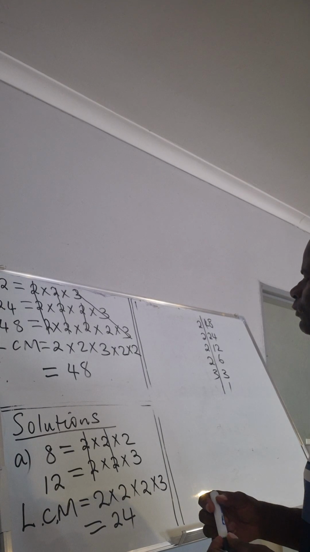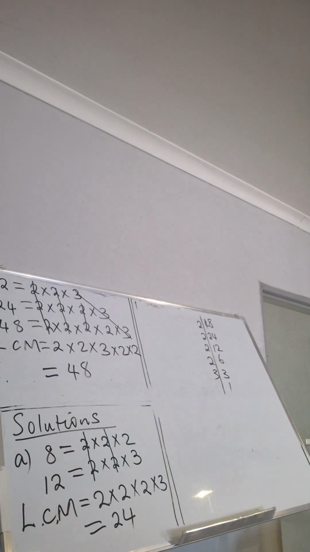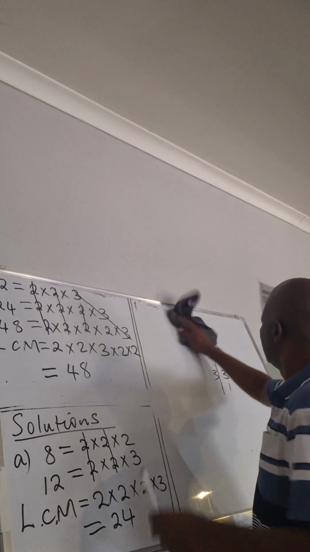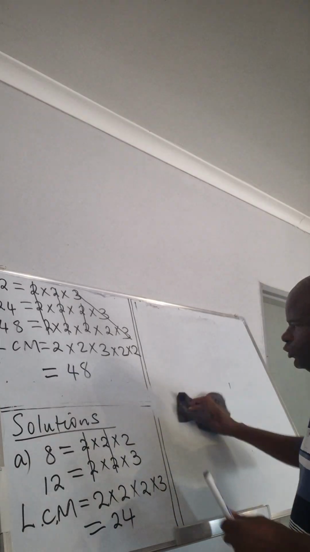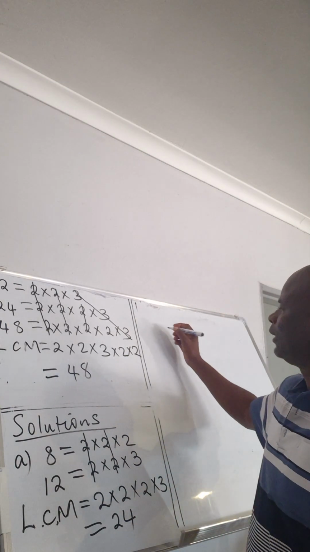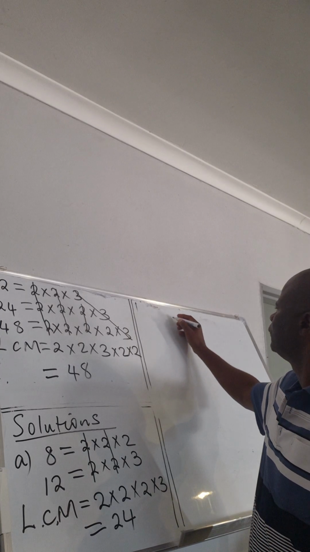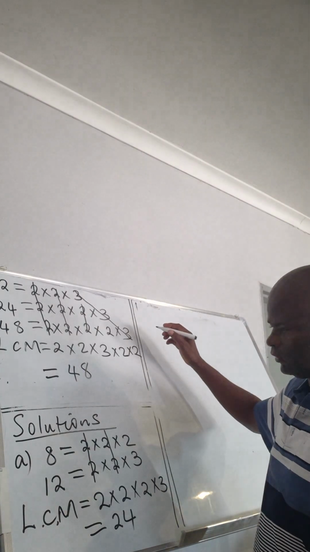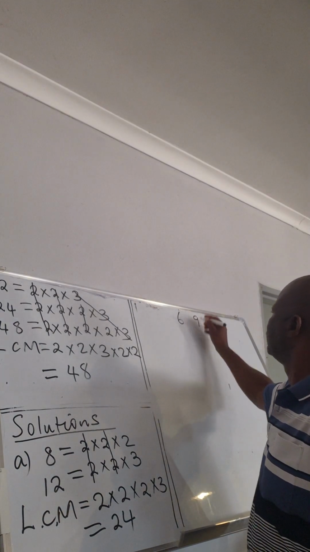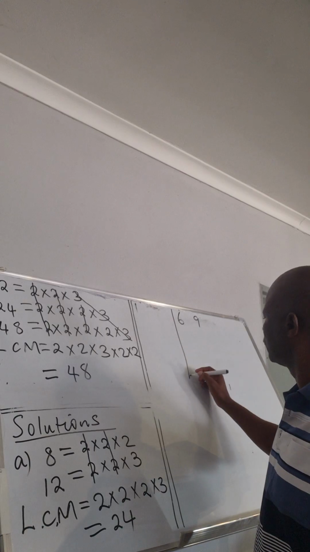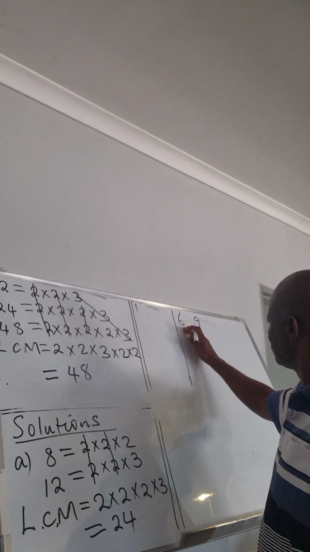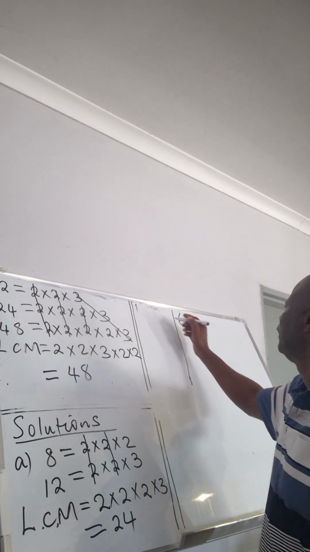Then there's also, let me check, there's another method. Let me check here if I can get the same solution. Another method which says if you have 6 and 9, what is the lowest common multiple? Check a number which divides both 6 and 9. It's 3.